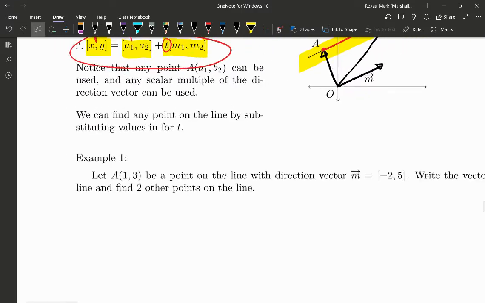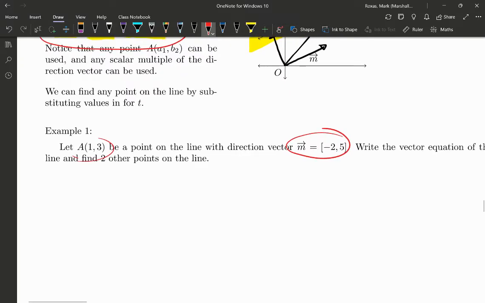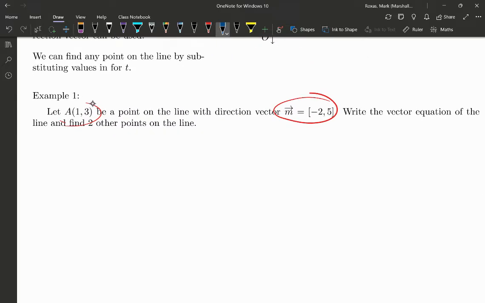And we can use that idea to create vector equations. So here's one example. Let the point A(1, 3) be a point on the line with a direction vector m = [-2, 5]. Write the vector equation of the line and find 2 other points on that line. This coordinate point A can be written as a point vector joining from the origin O to that point A. So as a point vector, this is simply [1, 3].